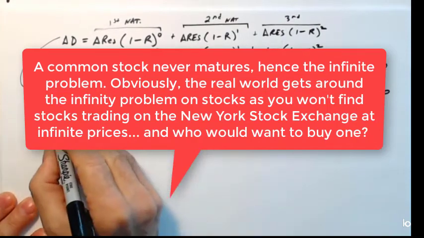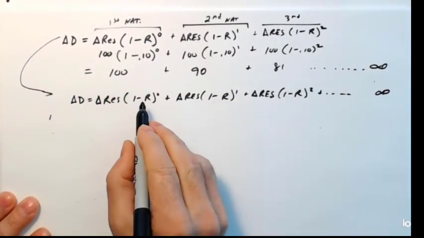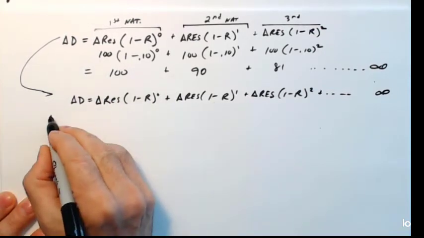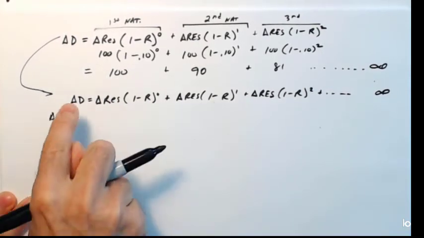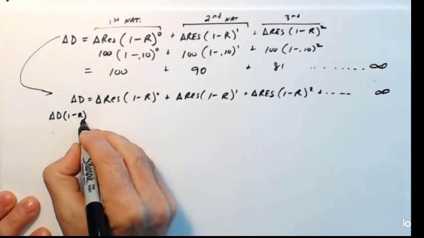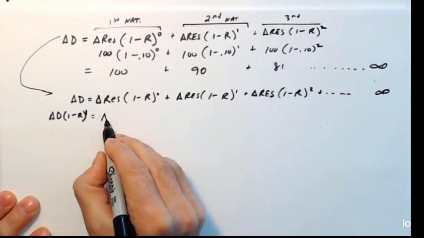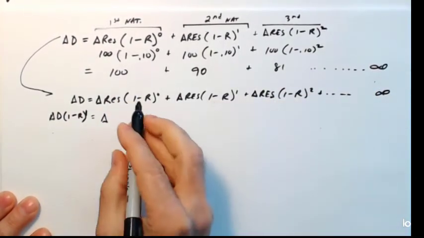So here's the trick. We're going to multiply both sides by 1 minus r to the 1 power. So we're going to take this and multiply it by 1 minus r to the 1 power, and then we're going to multiply this whole side by the same thing.